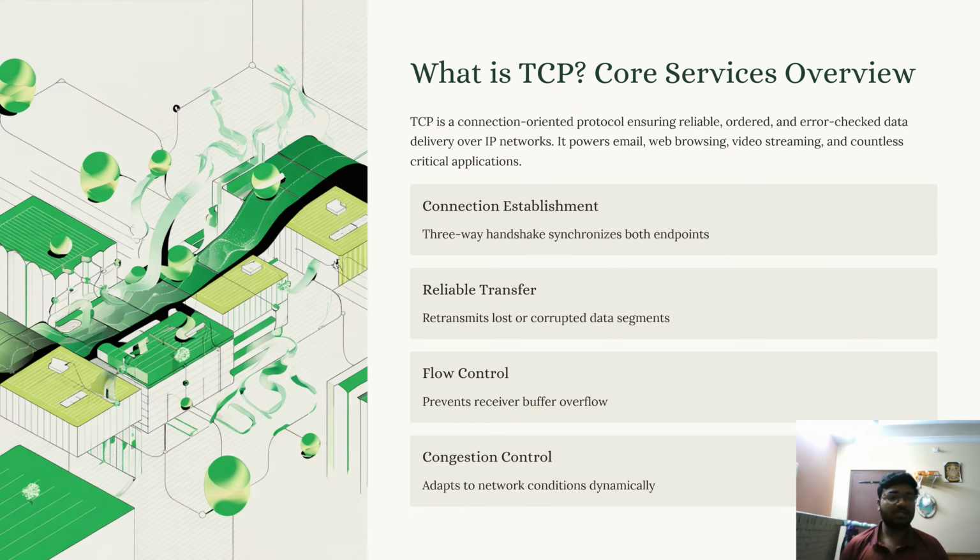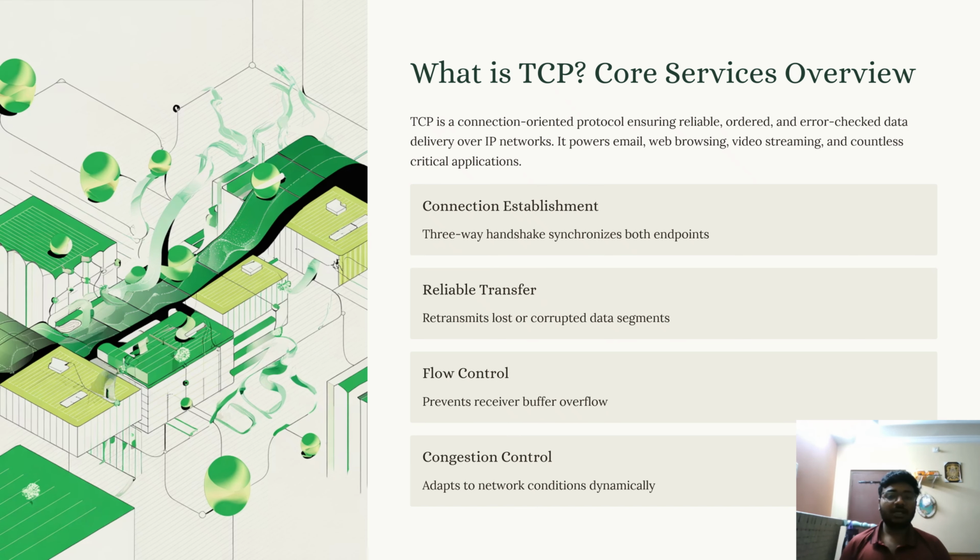Another key feature is the three-way handshake used to start every TCP connection, making sure both computers are ready to talk. TCP controls how much data is sent with flow and congestion control, adjusting traffic based on current network conditions.